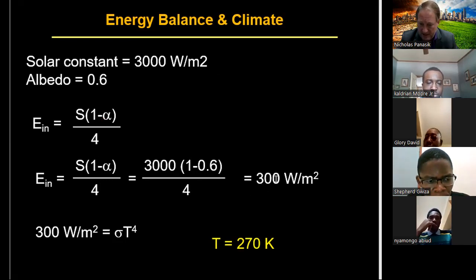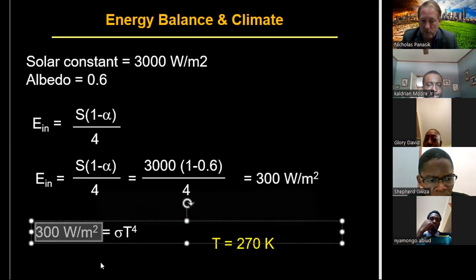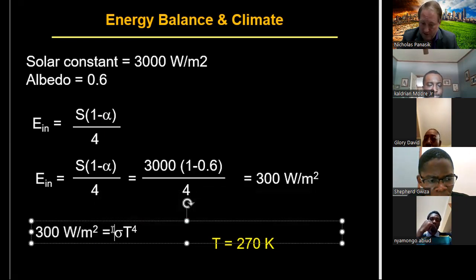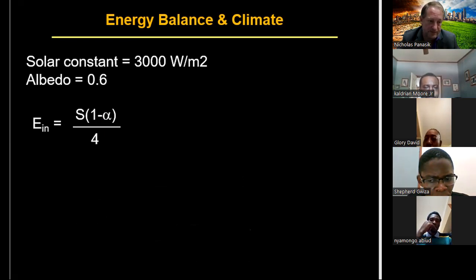And if that's how much energy is coming into the planet from the sun, that means the amount of energy coming out of the planet's surface should be the same, which would mean the amount of energy coming out is 300 watts per meter squared. And to figure out what temperature emits at that, we use the Stefan-Boltzmann relationship, solve for T, and we find out the temperature is 270 K.